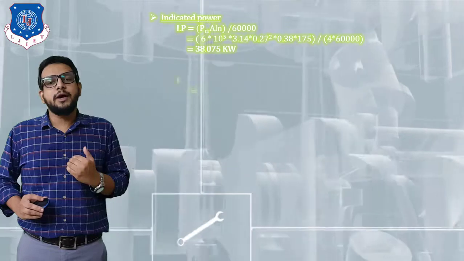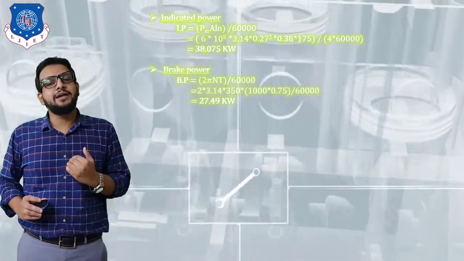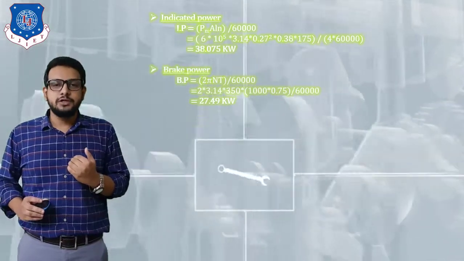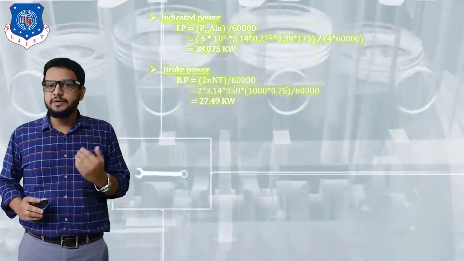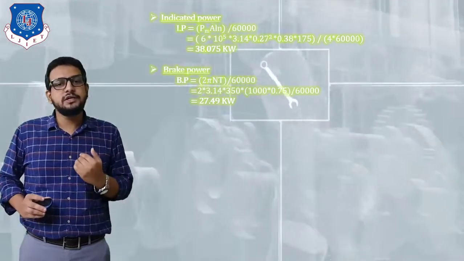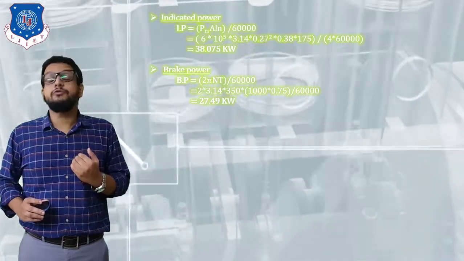Next, we need to determine brake power. The formula of brake power is 2 pi NT by 60,000. Here we can directly substitute our value of engine speed, capital N, and torque. Torque is equal to force into radius.